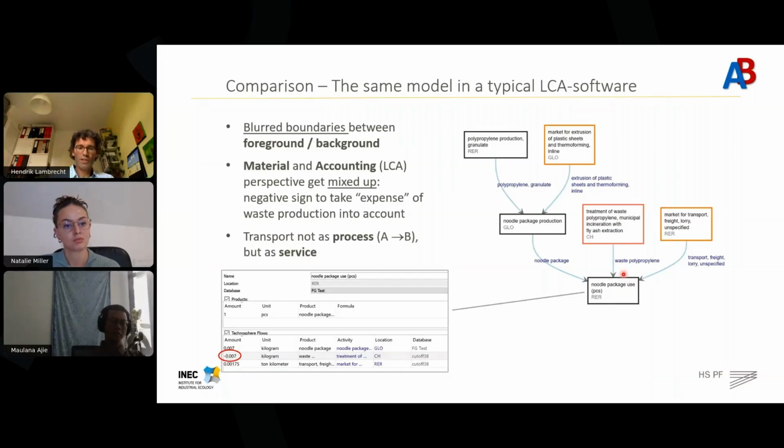So just to say one more time, I think it's useful for beginners, particularly, to start with this material flow perspective and then to switch consciously to the other perspective, instead of stepping directly into this LCA way of looking at the world.